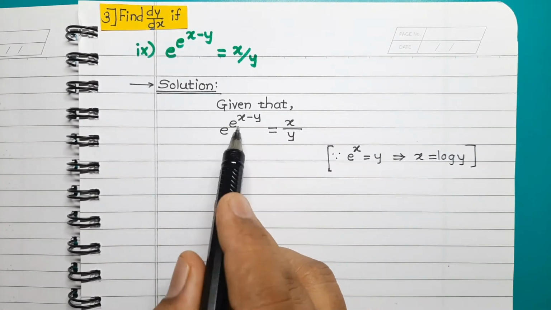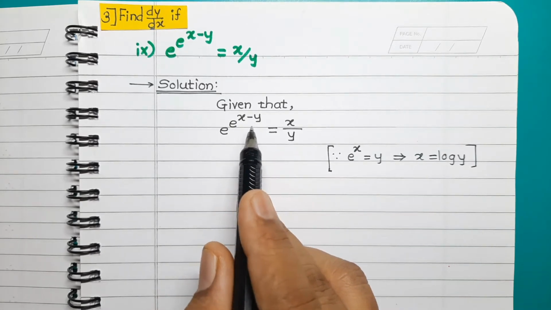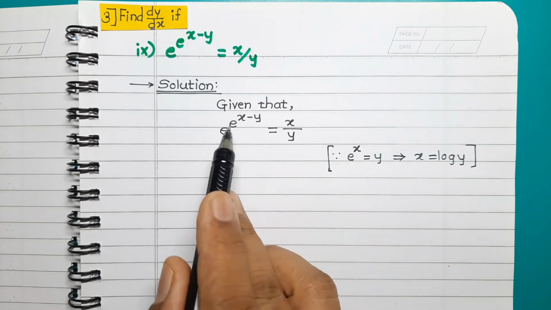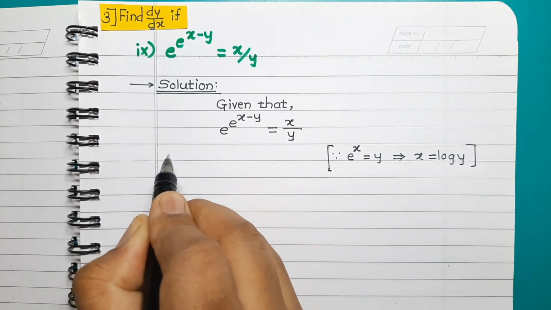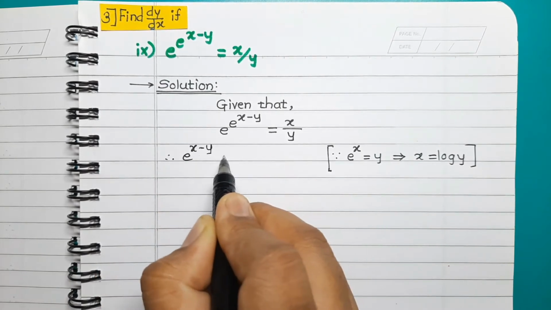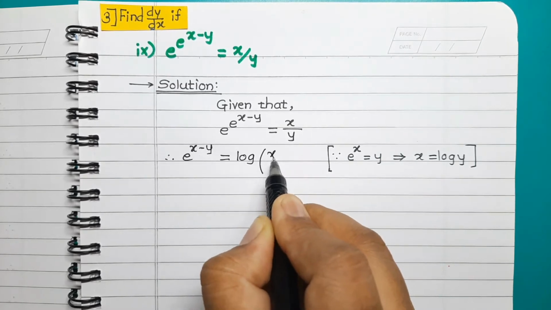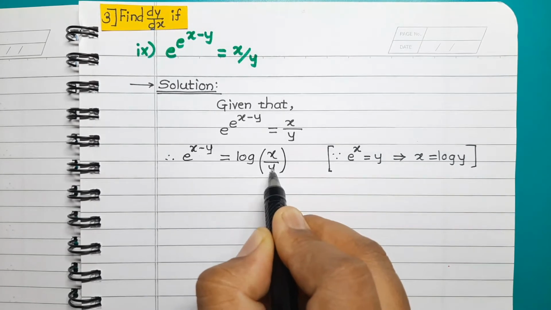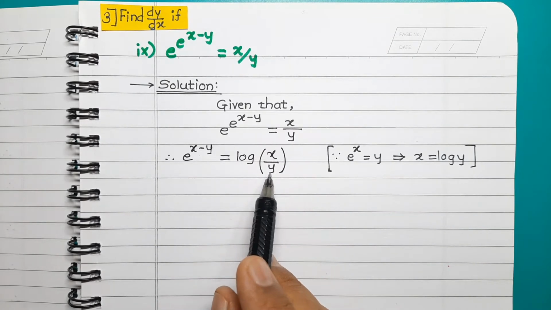Here the exponent is x minus y instead of x, so we can write it as e raised to x minus y is equal to log of x upon y. So we have converted this exponential form to logarithmic form.